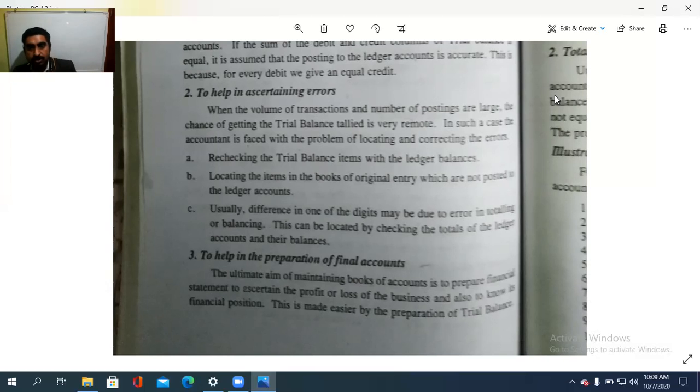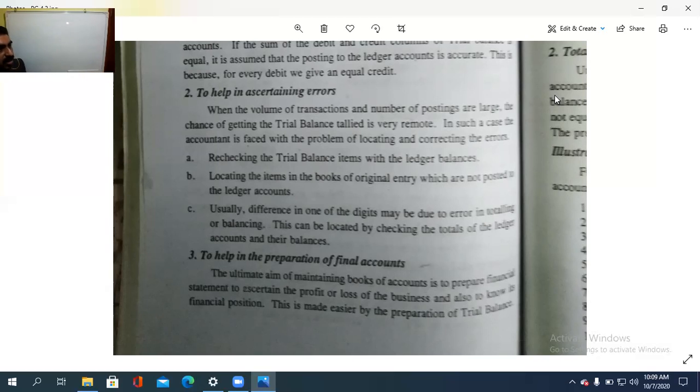Locating the items in the books of original entry that are not posted in the ledger accounts. Ledger accounts പോസ്റ്റ് ചെയ്യാതെ വിട്ടുപോവുകയാണ്, ഒമിറ്റ് ചെയ്ത് പോവുകയാണെങ്കിൽ there also it occurs one expense fully be omitted. Rent received അല്ലെങ്കിൽ rent paid, salary paid, ഇത് വിട്ടുപോയി എന്ന് വെക്കുക.